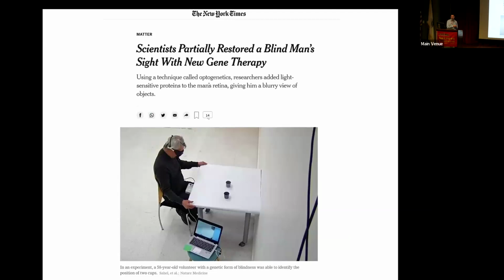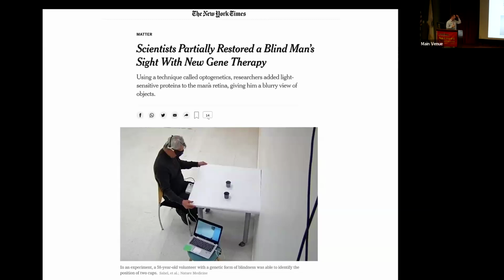So a brave team in Europe, led by Botond Roska and José-Alain Sahel, took one of our molecules, the Chrimson molecule that Nathan had published in 2014, delivered the gene into the eye of a blind man. And now there are about 30 people I've heard who have been successfully treated with these light-activated proteins from our group. And he has retinitis pigmentosa, so he lost the photoreceptors of his eye.